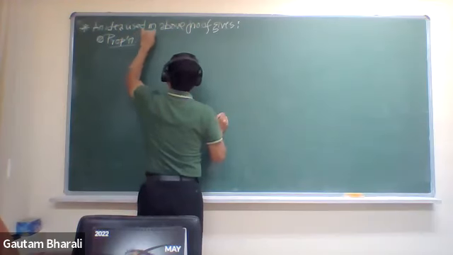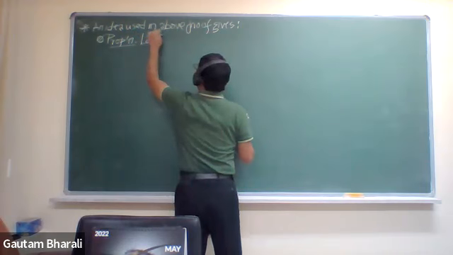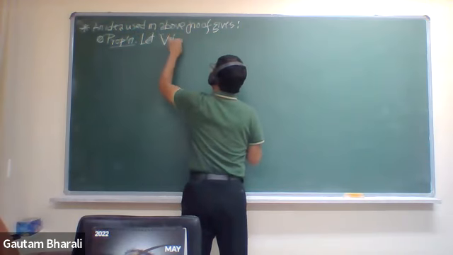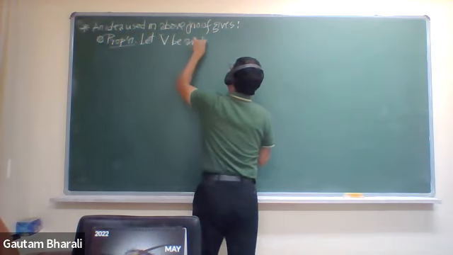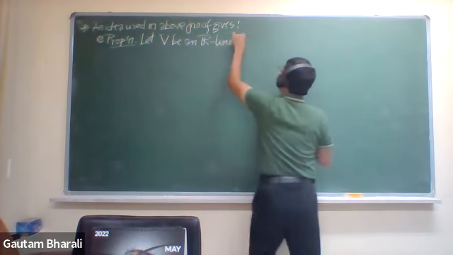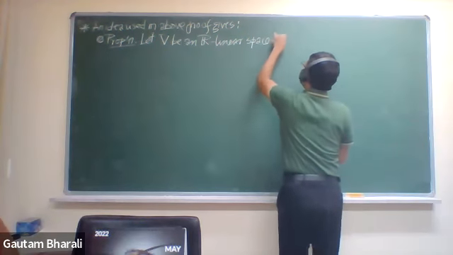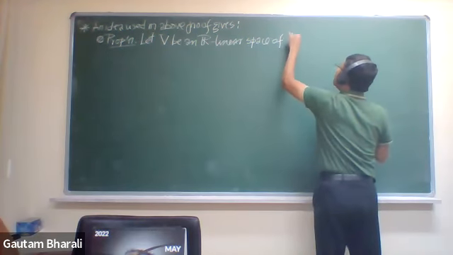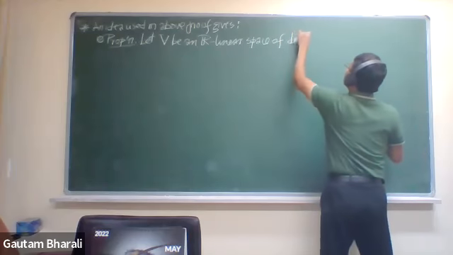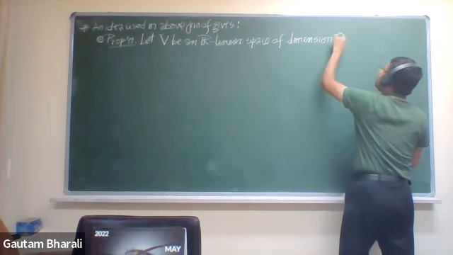So this time I am going to take my vector space to be even dimensional. Let V be an R linear space of dimension 2n.